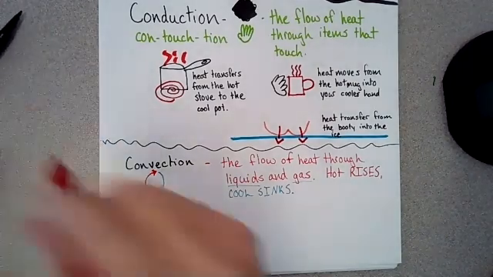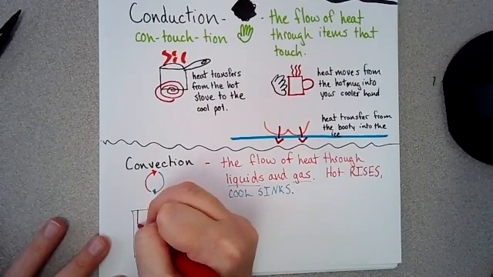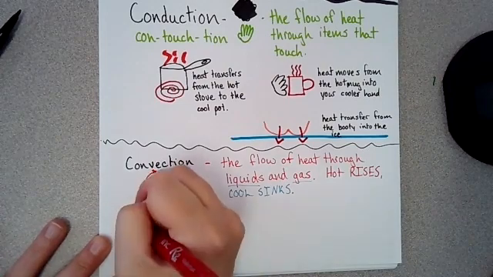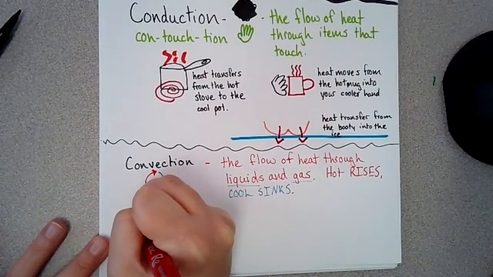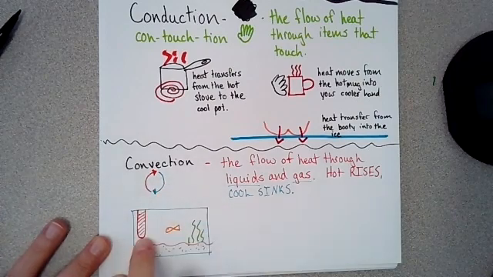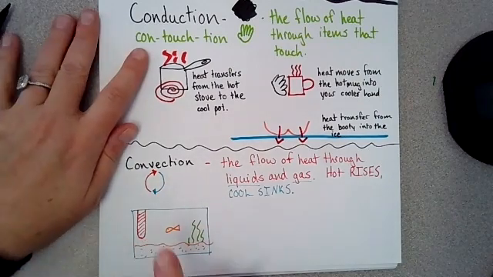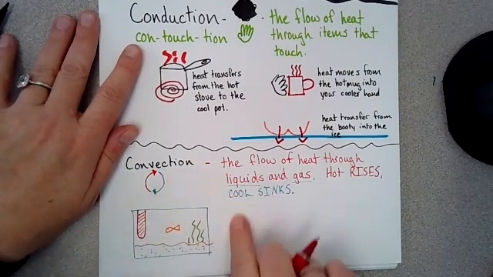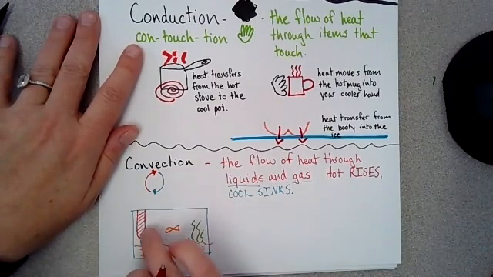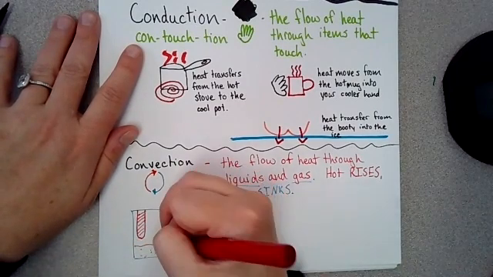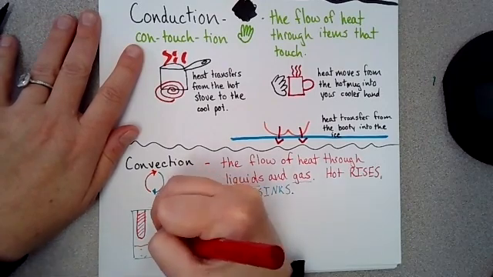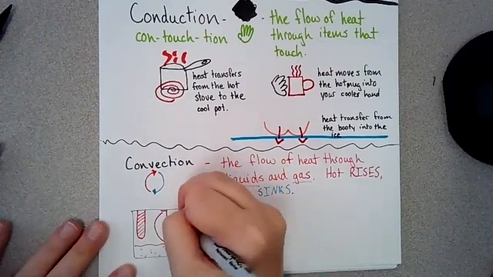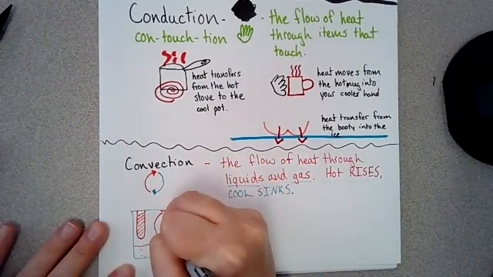But also up here in the corner, if you are a responsible fish owner, you have a thing sticking down into your fish tank. It has little coils in it like this. And this is a heater for your fish tank because fish don't like it cold. The way the entire fish tank heats up is that this heater heats, and then the hot water rises and the cool water sinks, and it circulates.